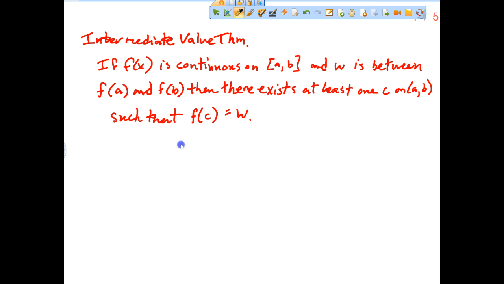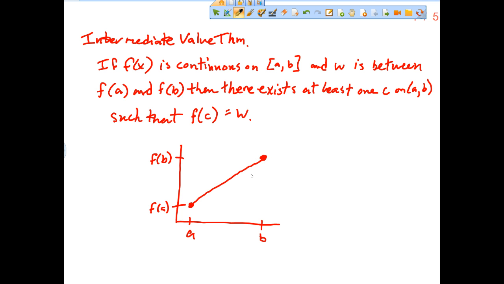So if we draw a picture that matches what we're told here, we start off with a and b on the x-axis, and then f of a and f of b on the y-axis. First of all, if f is continuous on the closed interval a to b, that means we have an endpoint at a and an endpoint at b, and we continue from endpoint to endpoint without picking up our pen.